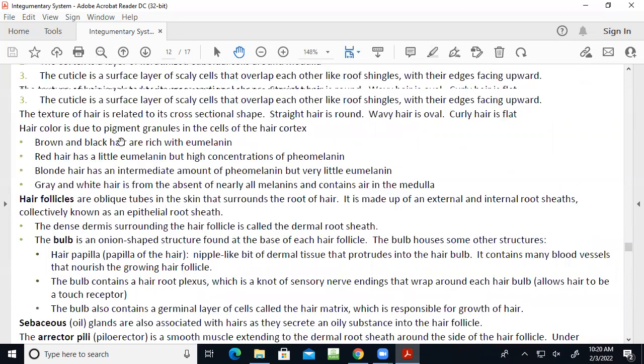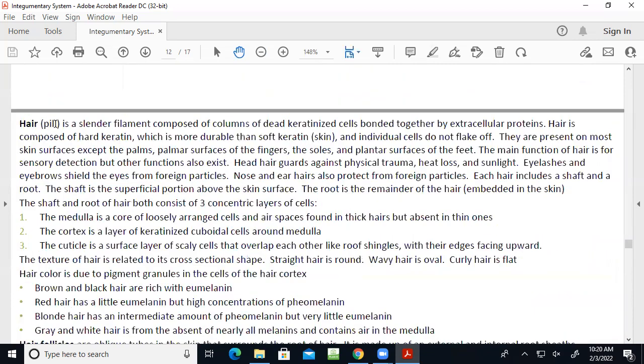Okay, fancy term for hair is pili. Now, pili is plural, pilus would be singular. You'll just hear me call it hair.